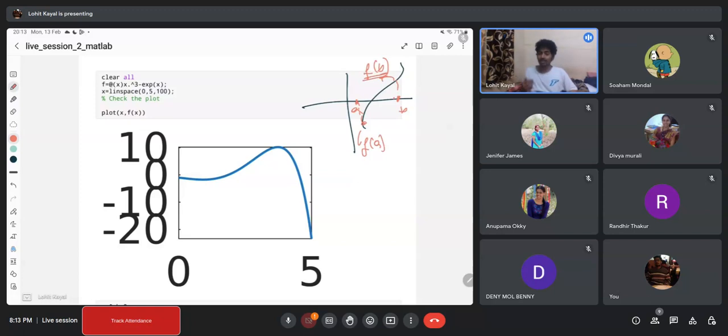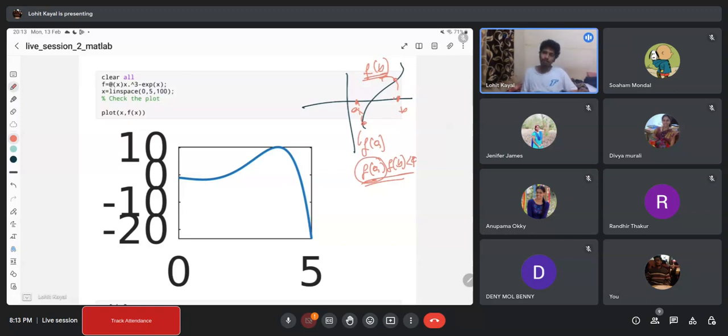Then you check if f of a times f of b is less than 0. That means if this number is negative, then one of them is positive and another is negative. So the root must lie somewhere in between those two limits.